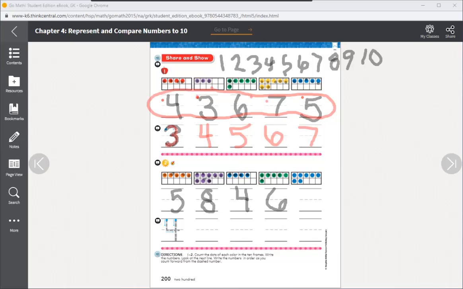Here we go. 1, 2, 3, 4, 5, 6, 7. How many did you count? 7. See? Yeah. 7. We don't count more if there's no more, okay? So 7. Thank you, Sadie, for helping me.